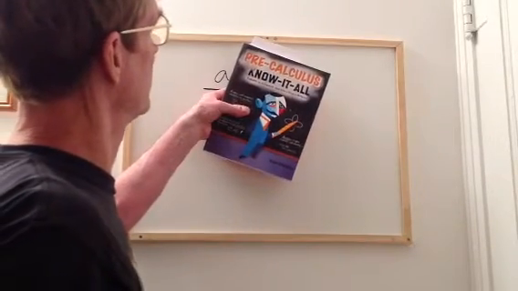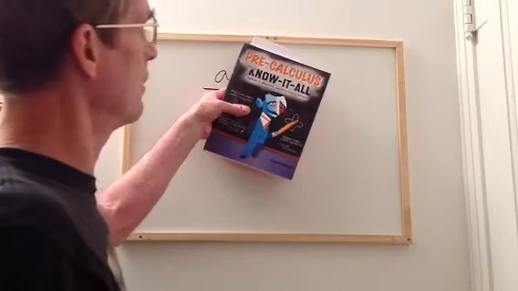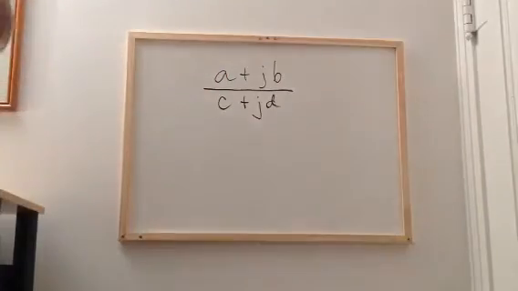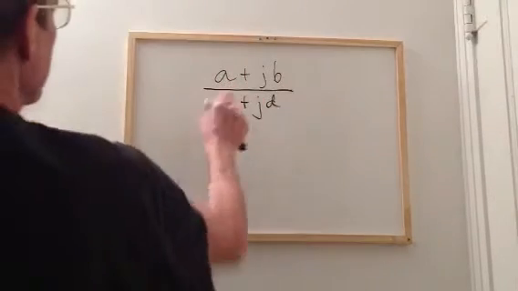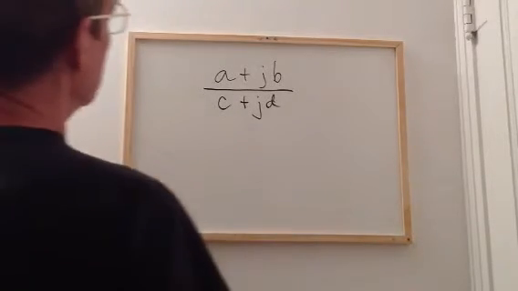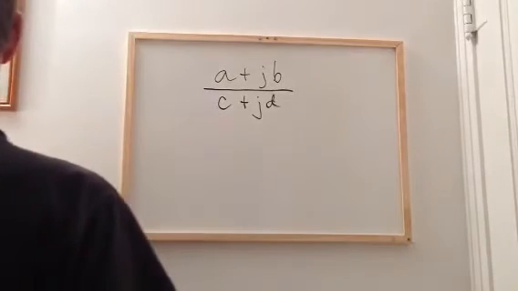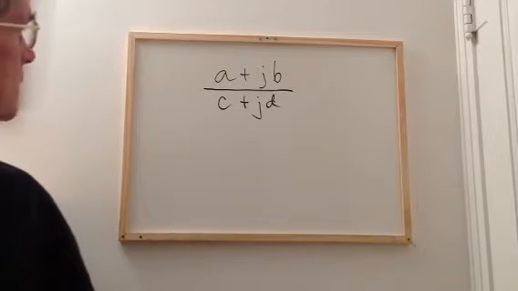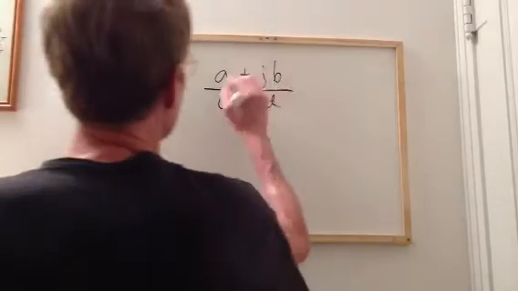If you have the book Pre-Calculus Know-It-All and you turn to page 96, you will see the derivation of a general formula for figuring this out. I'm going to go through that now and use the concept of the complex conjugate to make things a little easier.